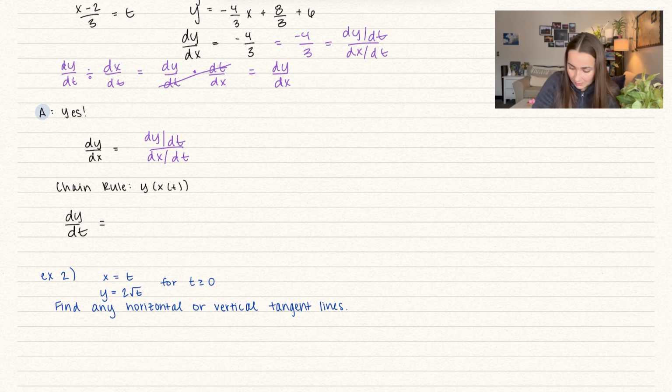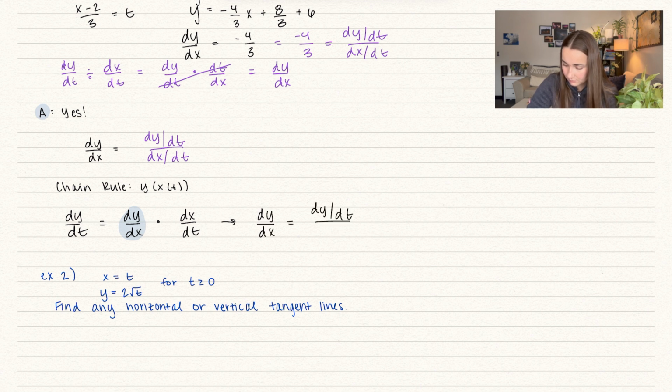The outside is going to be the derivative of y in terms of x because it's a function of x. But now we have to take the derivative of the inside. So we're going to take the derivative of x in terms of t. And what did we want to solve for? We wanted to solve for dy/dx. And I can get it all by itself if I divide over that dx/dt. And so that's how we get our answer. So you can think about it with the chain rule too.